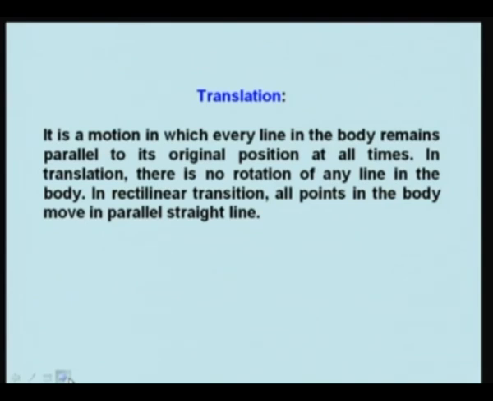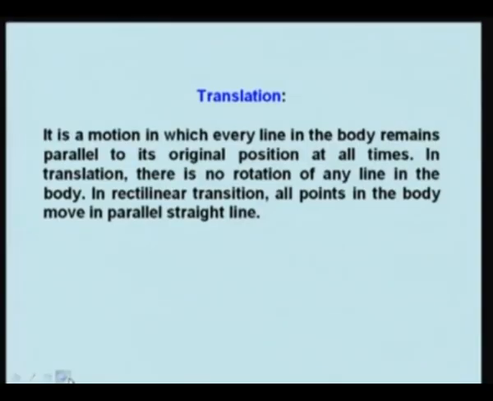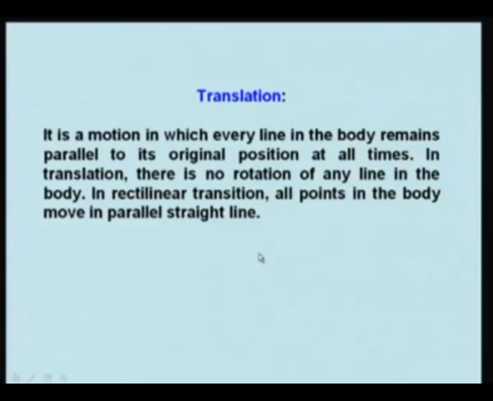One is rectilinear translation, in which all points in the body move in parallel straight lines. Then we have curvilinear translation, in which the points do not move in parallel straight lines, but they move in parallel curves. Now, the body may move in a circular path also.